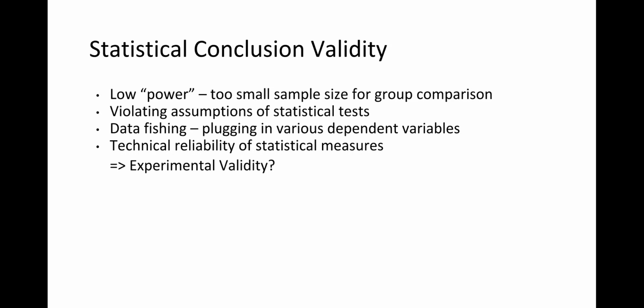And also data fishing. A lot of people are clever enough. They know how to play around with the data, so they can draw whatever conclusion they want by manipulating those data and models. Unless our readers clearly understand what's going on statistically, we have to just believe what they did.